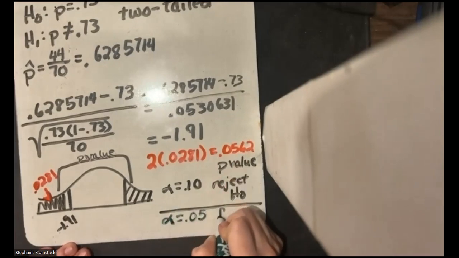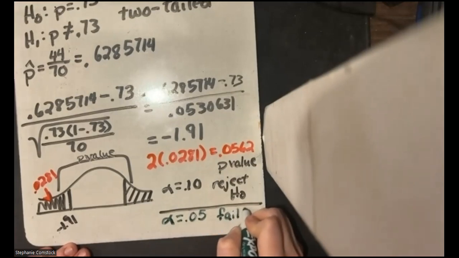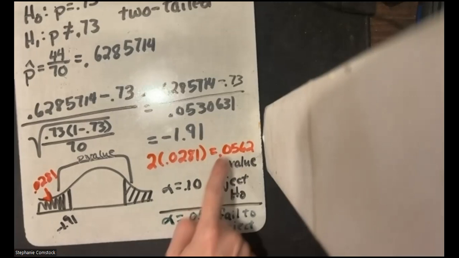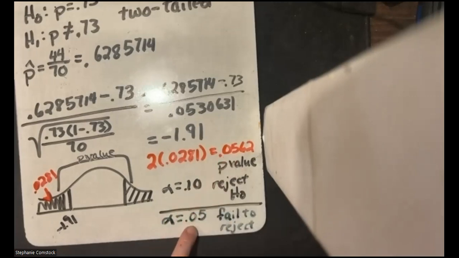So if this was the case, we would fail to reject. I know we've had a couple of rejects in the last couple of examples, so I want you to know that it's not always going to be a reject. It is truly a comparison. So since the p-value is higher than alpha in this case, then we fail to reject.